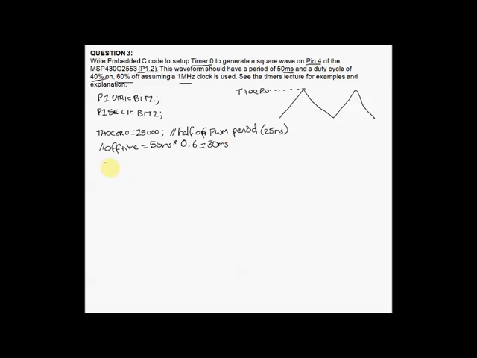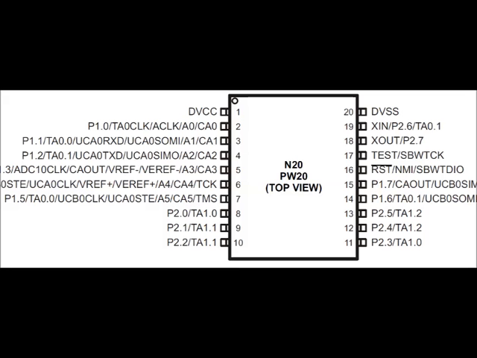So we want 30 milliseconds of off time. Once again, we need to halve that because we're using the up-down mode, and we'll put that in the TA0CCR1 register. So TA0CCR1 is equal to 15,000, 15 milliseconds.